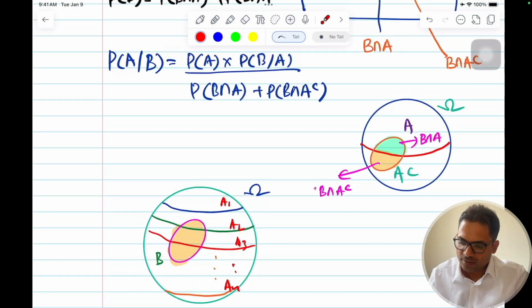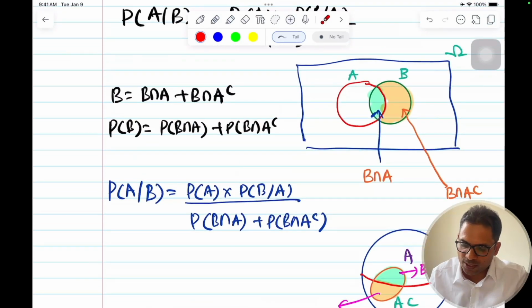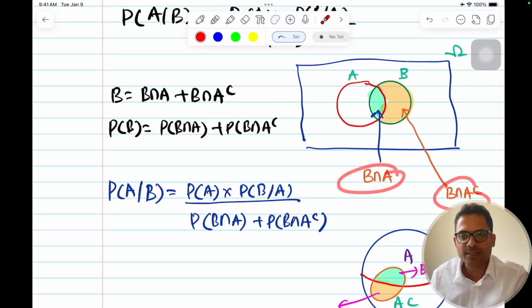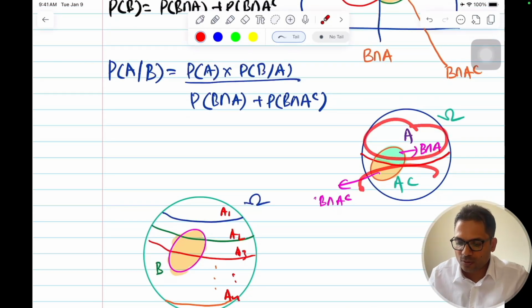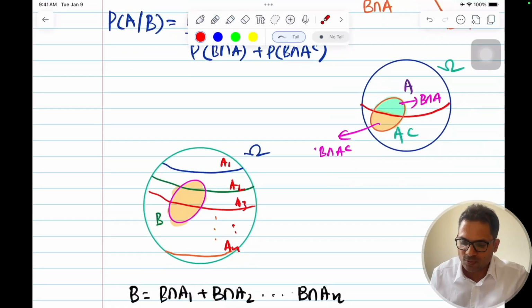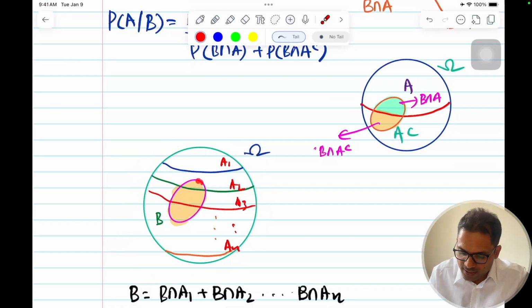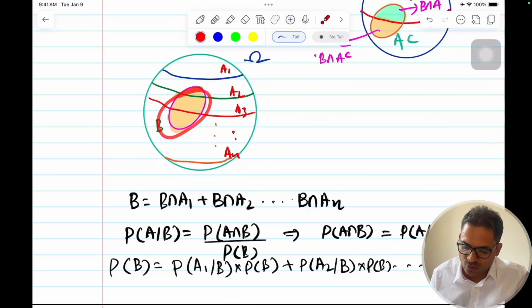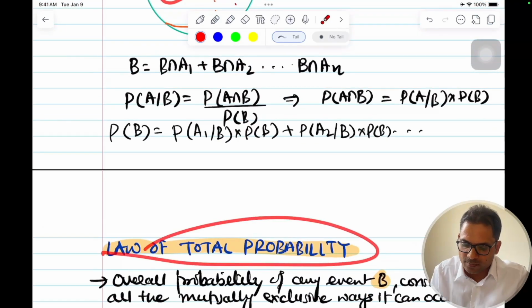To summarize, we found the probability of B as B intersection A and B intersection A complement. From dividing the whole omega into two parts, we moved to n parts, and from there we can get the total probability of B. That is called the law of total probability.